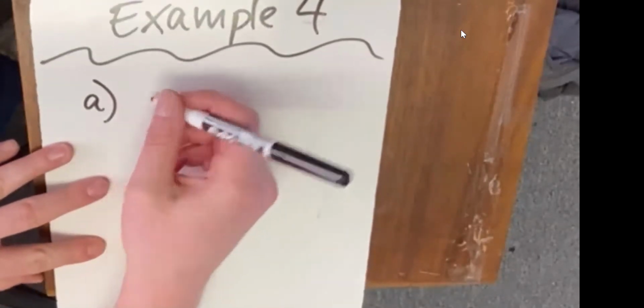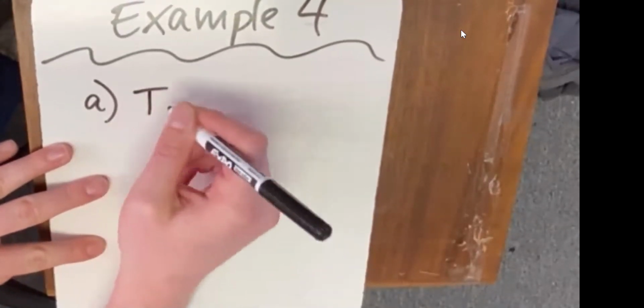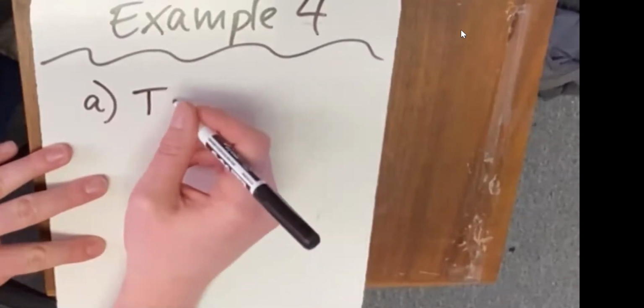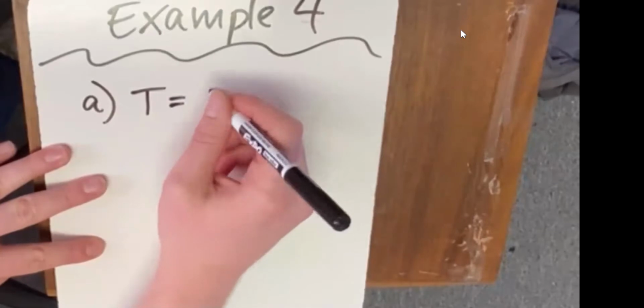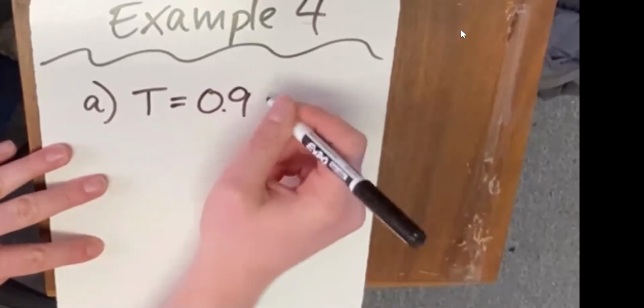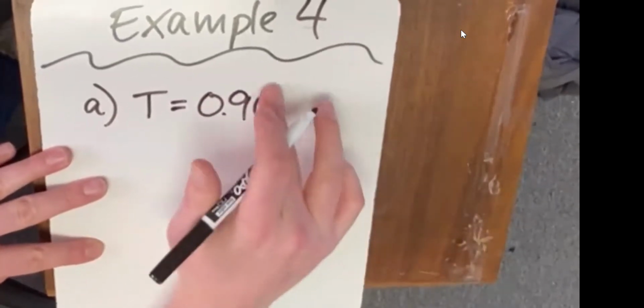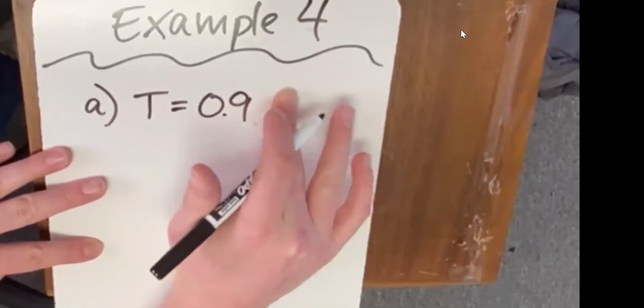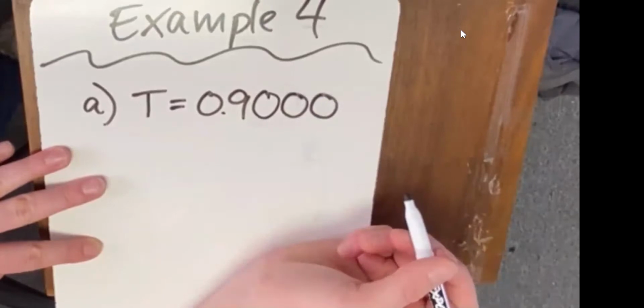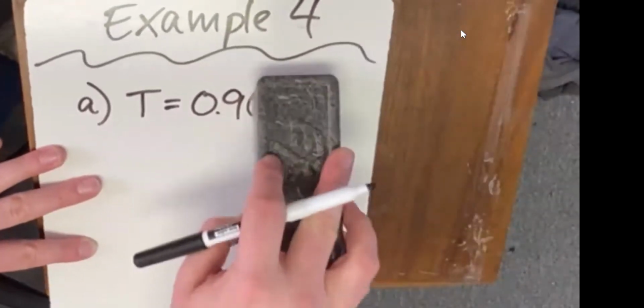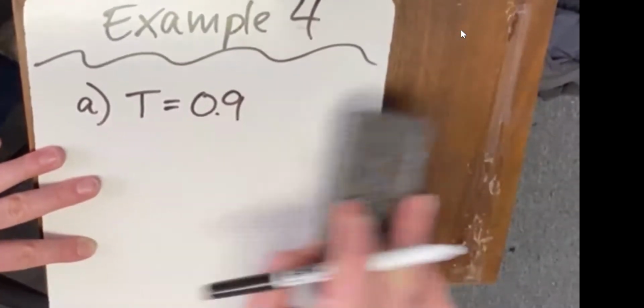So we have total cost. I'm going to write T for our total equals, and then I have that 90 cents. So I'm going to write 0.9. I could write 0.90, but I don't really need to write that 0 because I could write zeros continuously forever. So I'm just going to write 0.9.